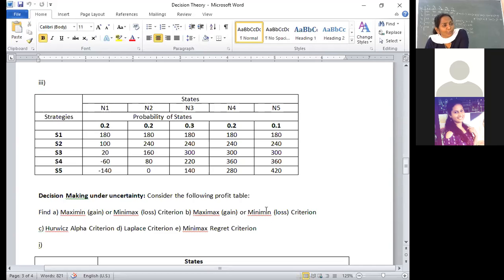Chetan, 442. Chetan, are you getting the answers? Yes, ma'am. Okay, do it. Good, good, do it. Roshin, 447. Any query, Roshin? Shruti, 439, Shruti, what happened to you?